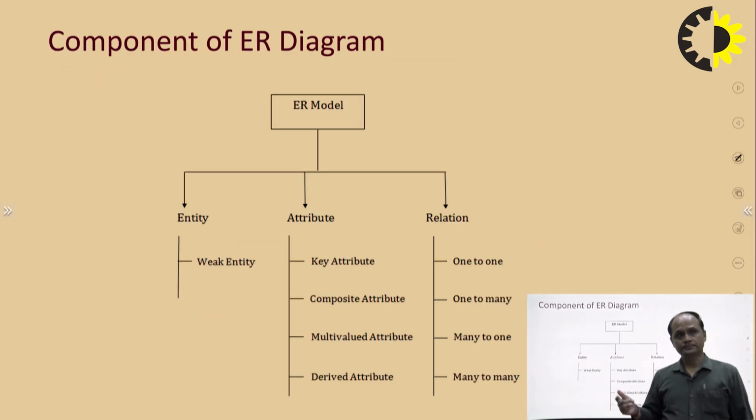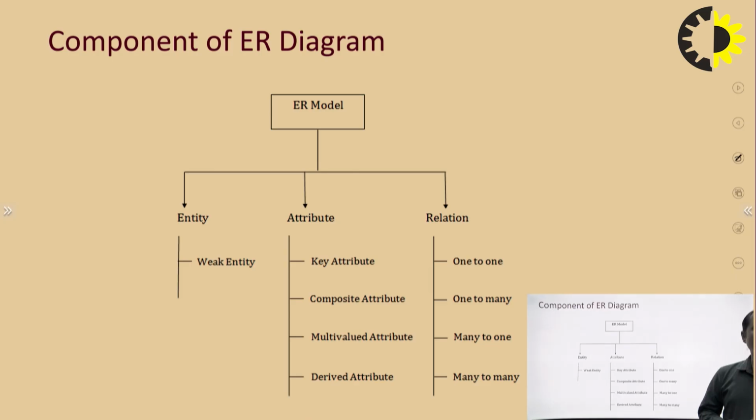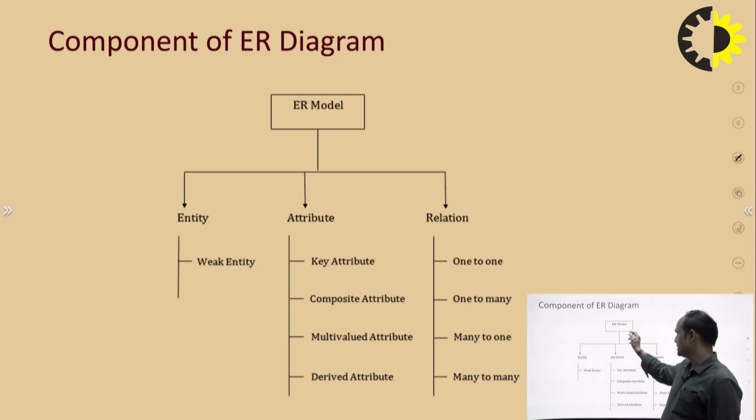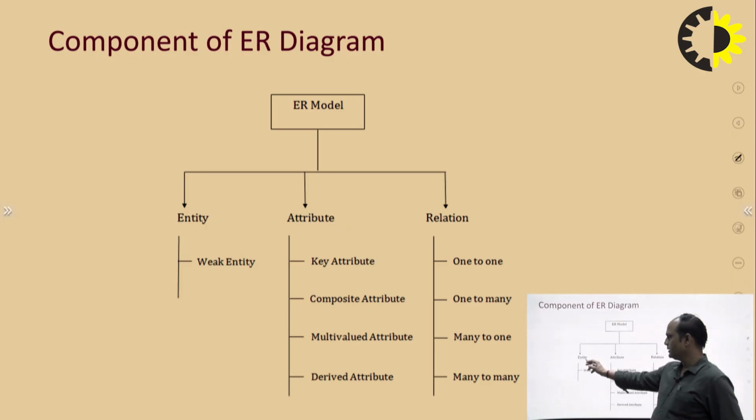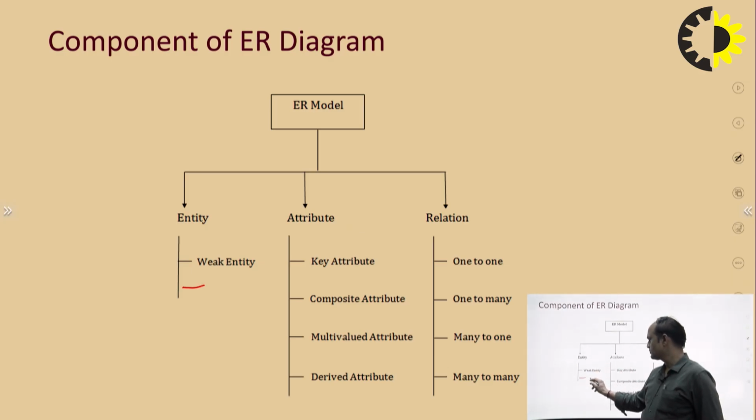Now next, the components of the ER diagram, and how we can draw the ER diagram. So let's go down into the depth of the ER diagram. ER diagram is categorized into three parts: entity, attribute and relation. What is entity? Entity comes under two parts: one is weak entity, another is strong entity.